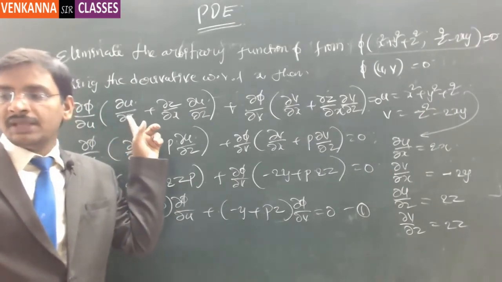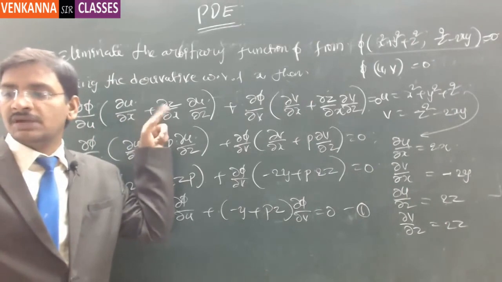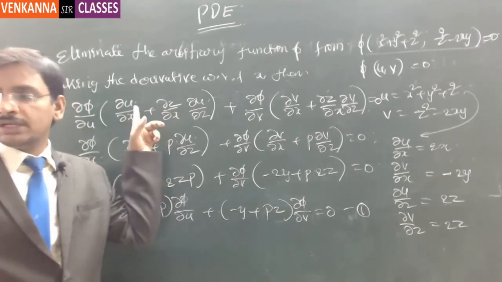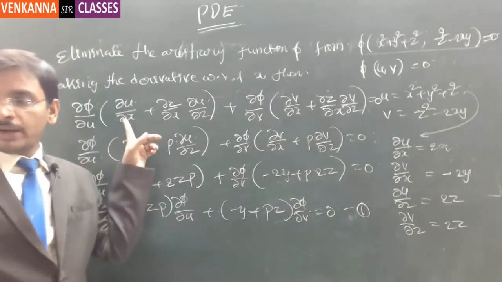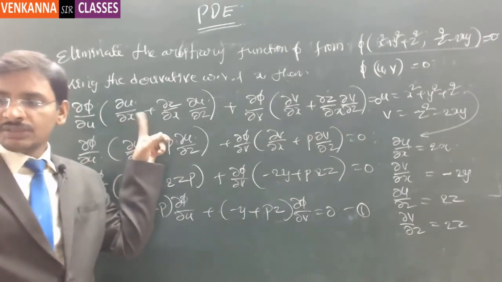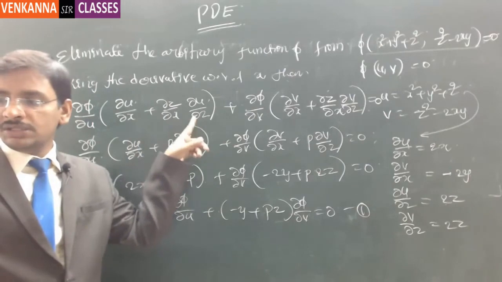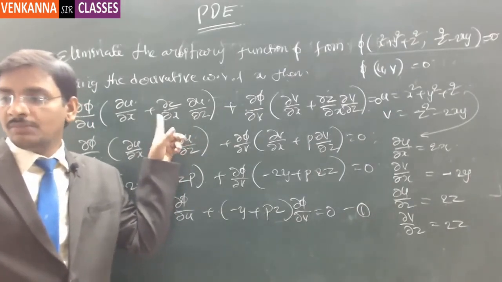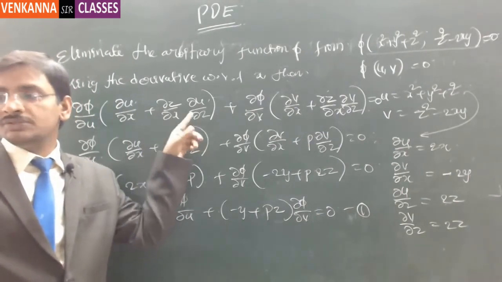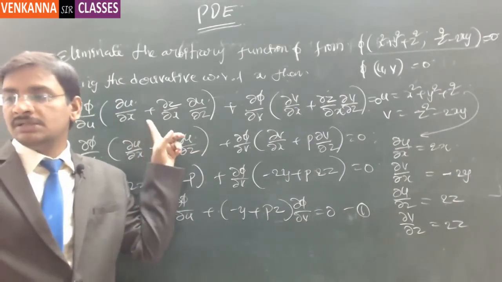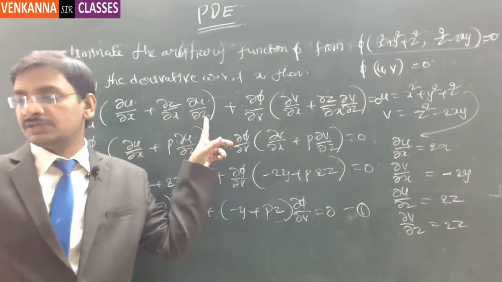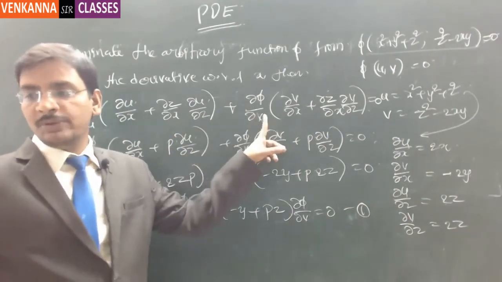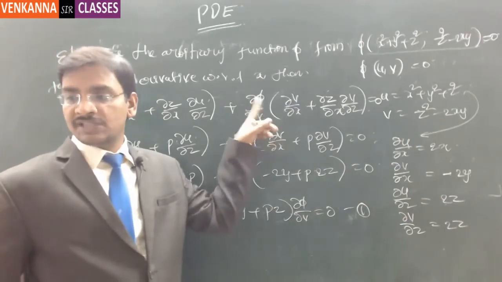So u is a function of x comma y comma z, but you need to take the total derivative. For that, what you need to do is dou u by dou x into dx by dx plus dou u by dou z into dou z by dou x. But you cannot take dou u by dou y because that is an independent variable. z is the dependent variable because z is expressed as a function of x comma y. Then dou phi by dou v you will be doing in exactly the similar manner, with respect to x only.